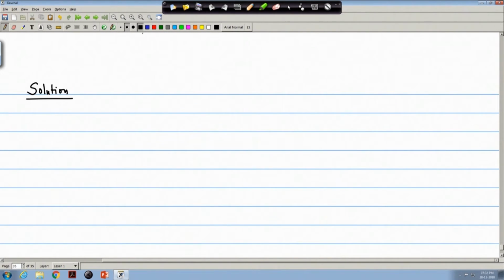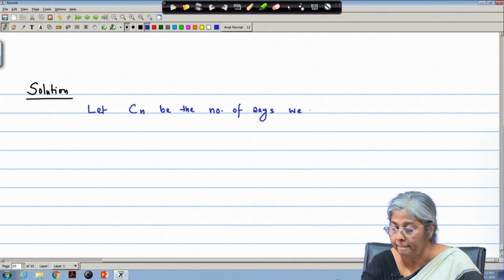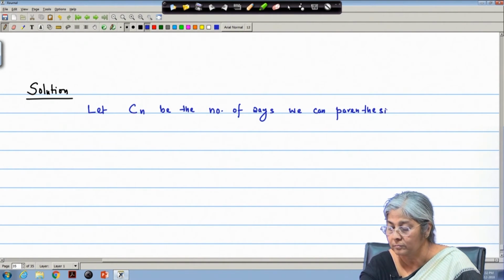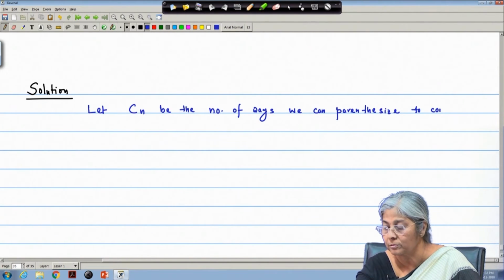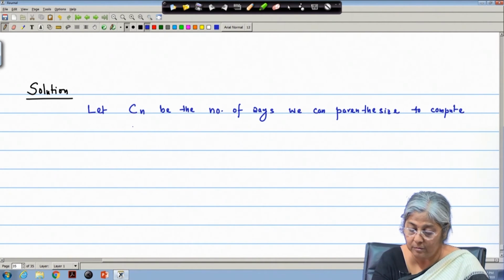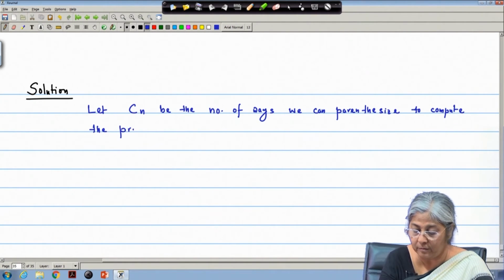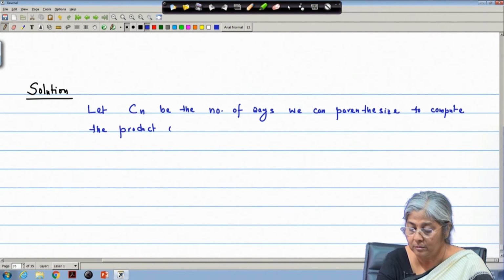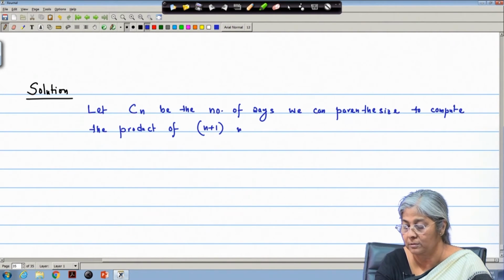So, let Cn be the number of ways we can parenthesize to compute the product of n plus 1 numbers.